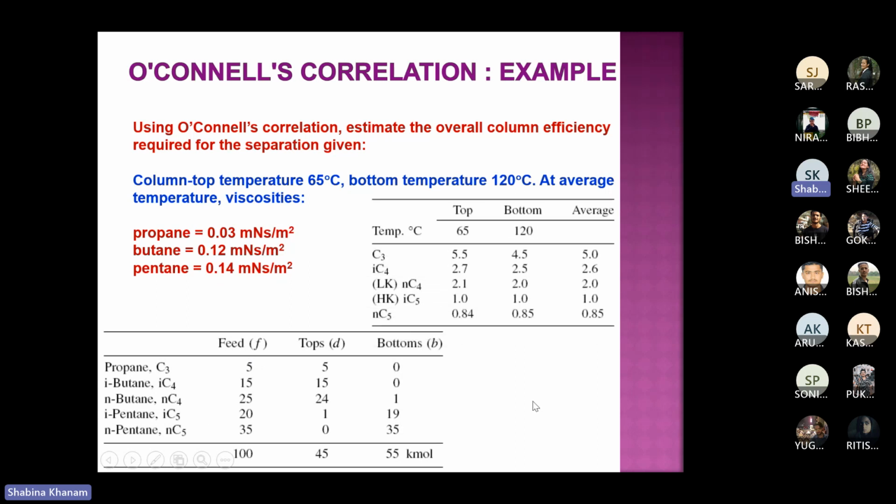When we consider average viscosity, 2 is given for light key with respect to heavy key, so alpha A is 2, and we need to find mu A.